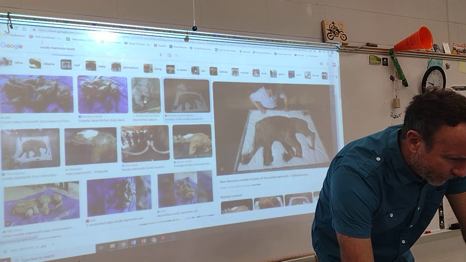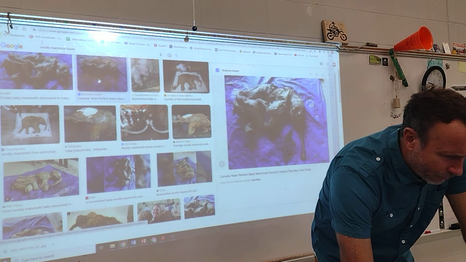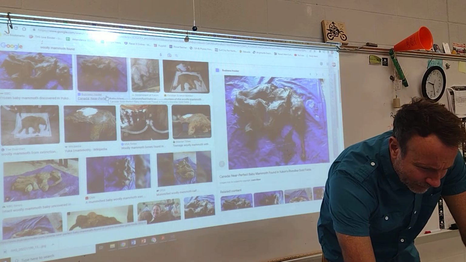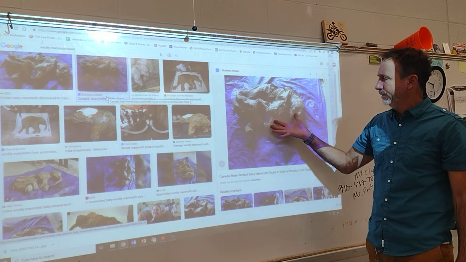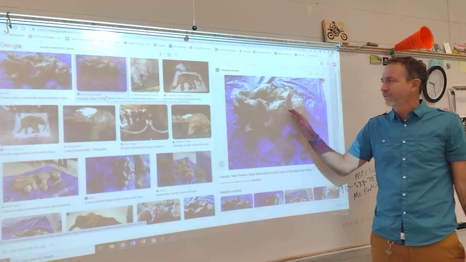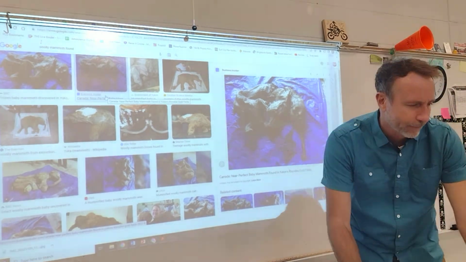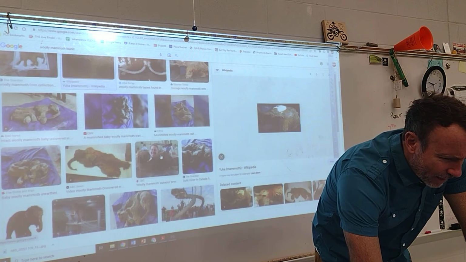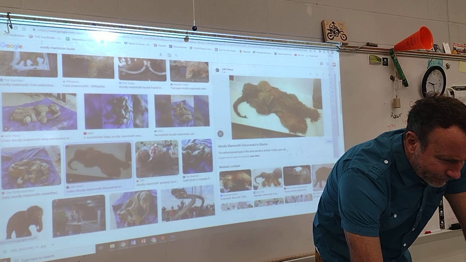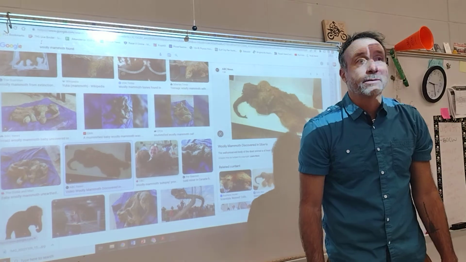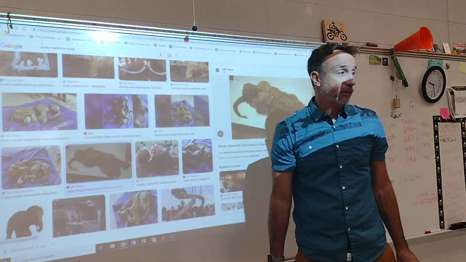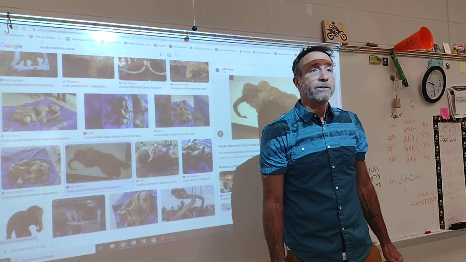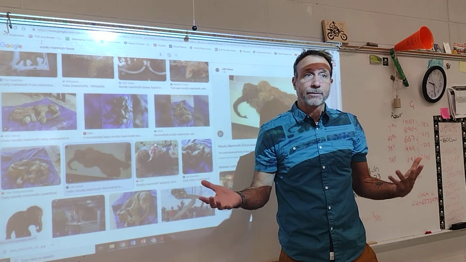So several of these have been found. Not all these are the same guy. That guy is obviously older. And why are we finding some of these woolly mammoths now? What's happening in the world that's allowing us to find some of these guys? Global warming. Well, yeah, climate change. Climate change is occurring.